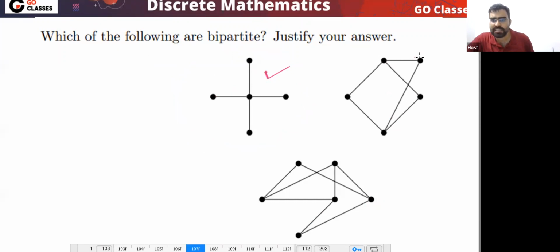Do we have an odd cycle here? 1, 2, 3. Okay, so there is no odd cycle. This is also bipartite. There is no odd length cycle. And what about this? Do we have an odd length cycle here? Yes, there is an odd length cycle here.